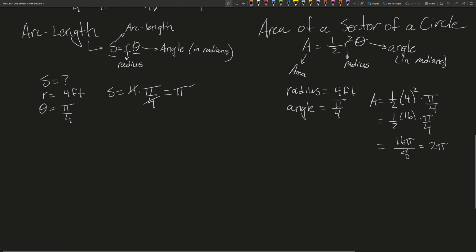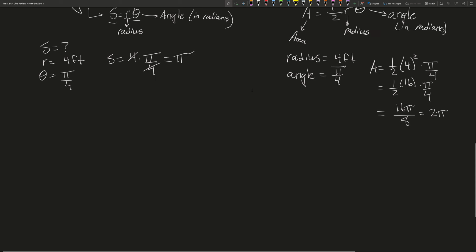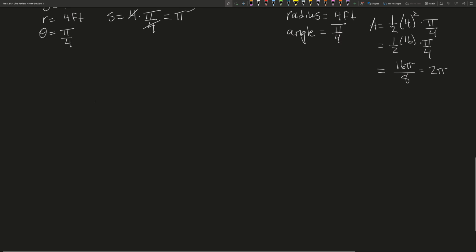So again, arc length and area of a sector of a circle, just know those two equations and you should be fine. The next thing has to do with right triangles and circles, and SOHCAHTOA.